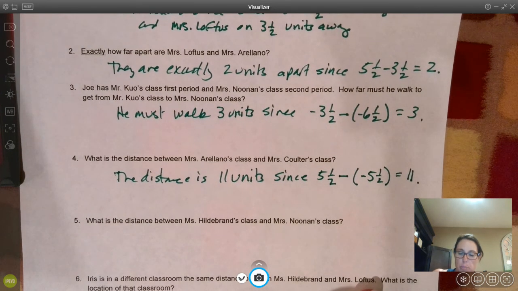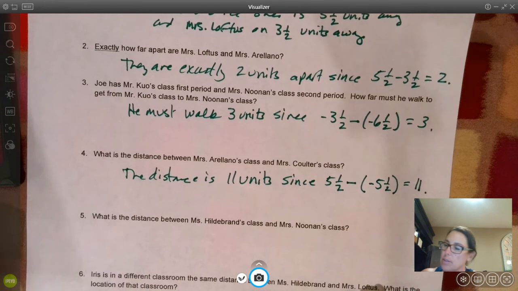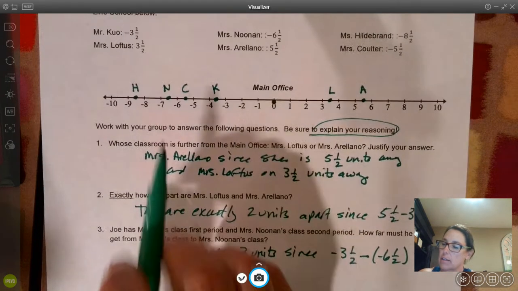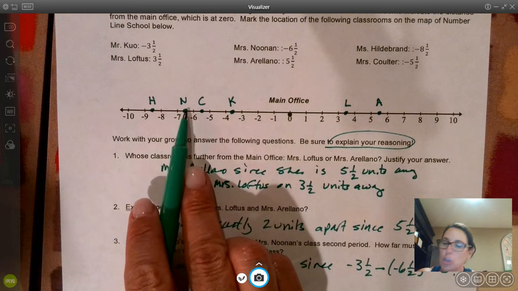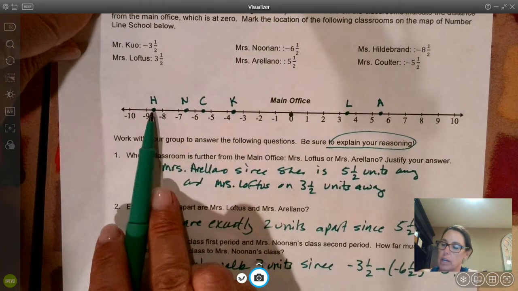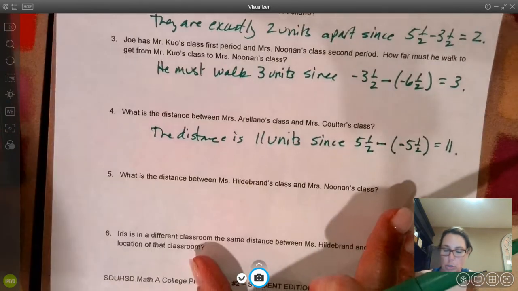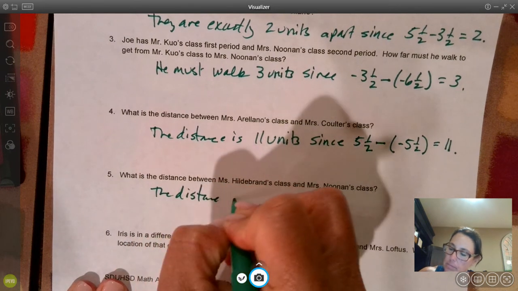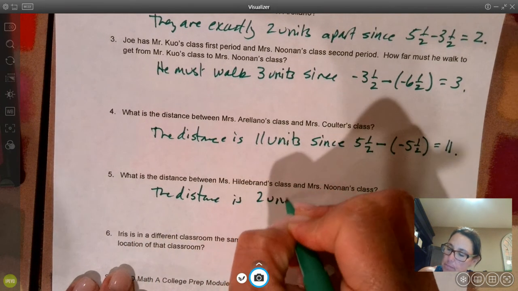What is the distance between Hildebrand's and Noonan's? I'm going to scooch it back up so we can see the H and the N. 1, 2. I'm counting 2 units, whichever way you count, left or right. So the distance is 2 units.